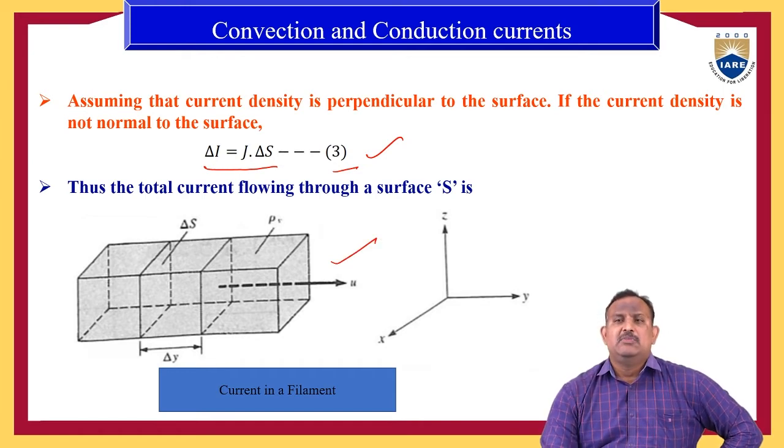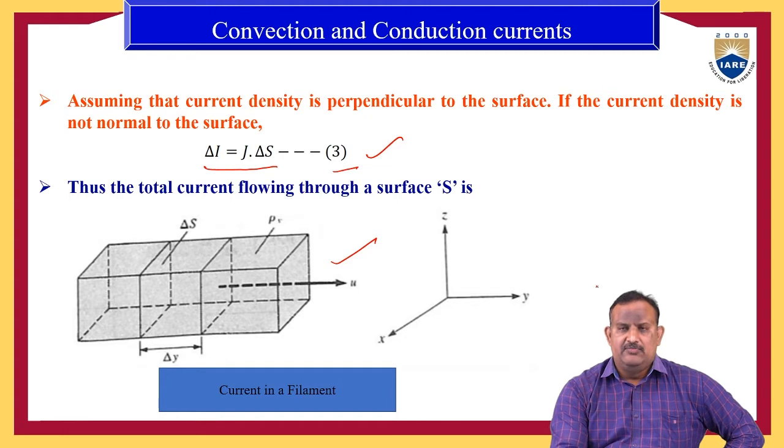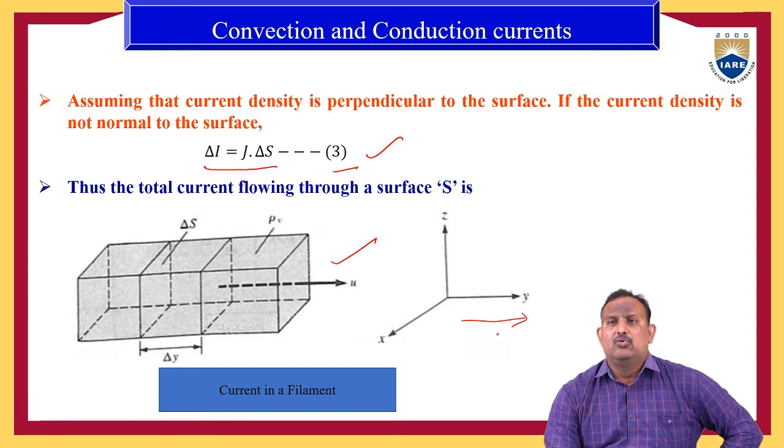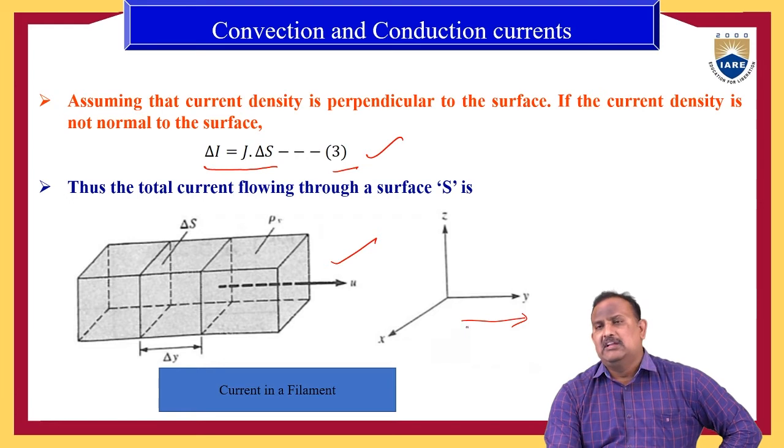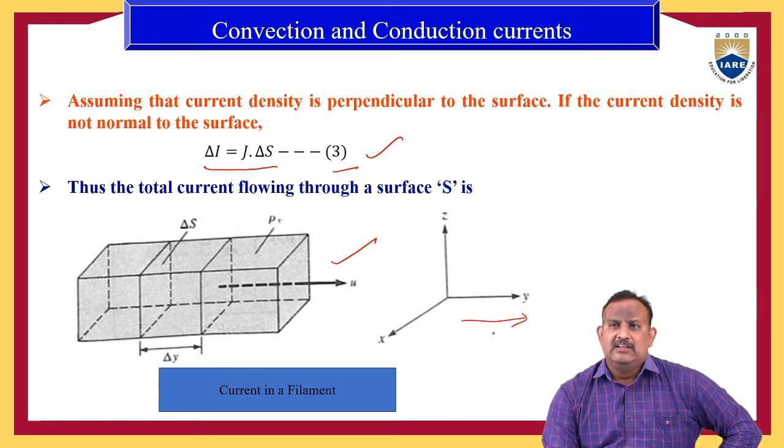The filament is placed along the y-axis of a rectangular coordinate system, and we can define the convection current and the conduction current.